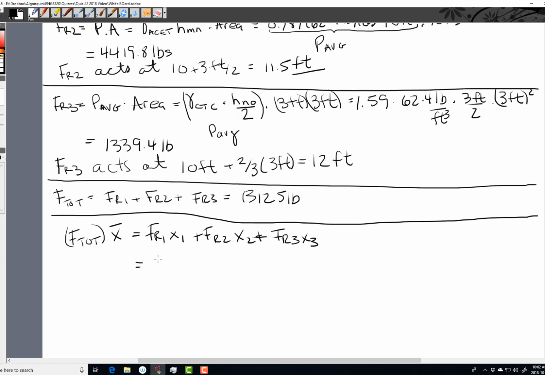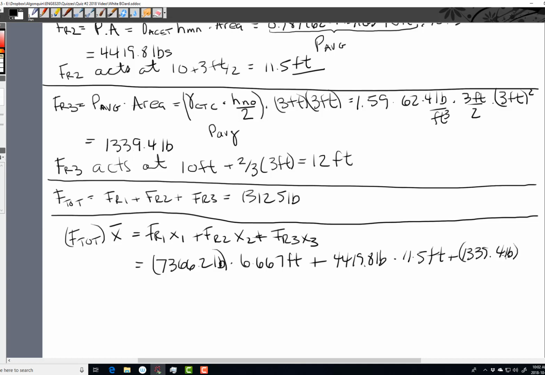So this F total, we know it equals this. We have FR1, which is 7,366.2 pounds times 6.667 feet, plus FR2, which is 4,419 pounds times 11.5 feet, finally plus 1,339.4 pounds times 12 feet.